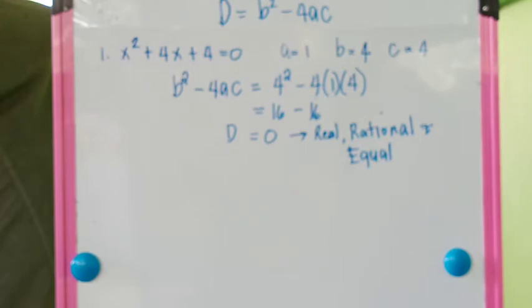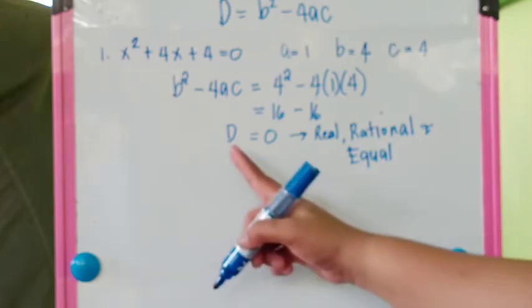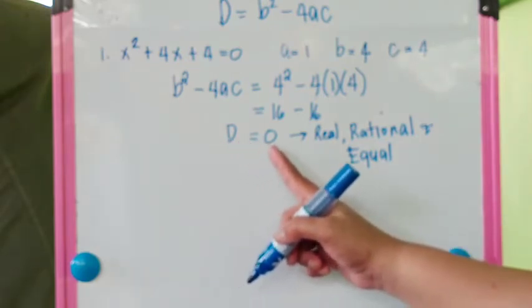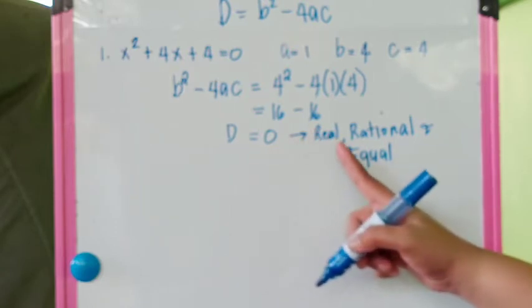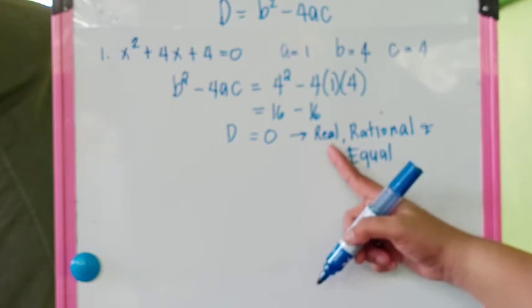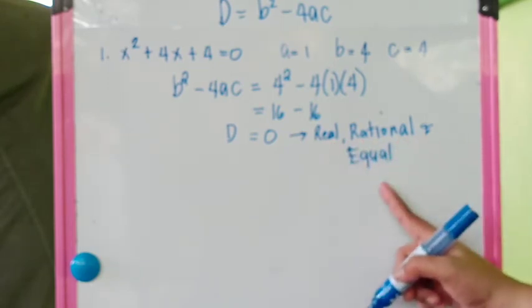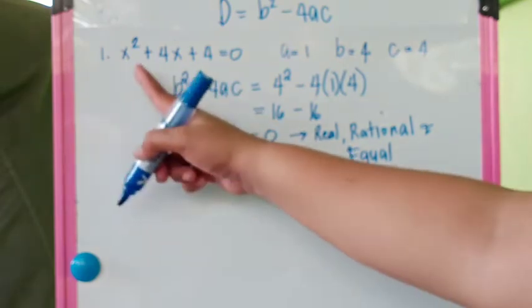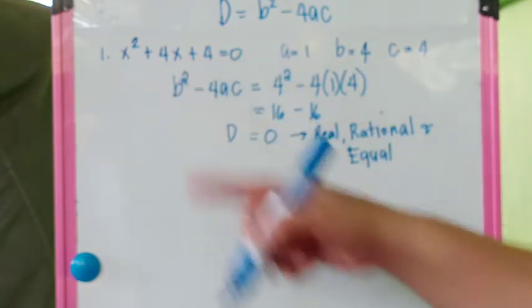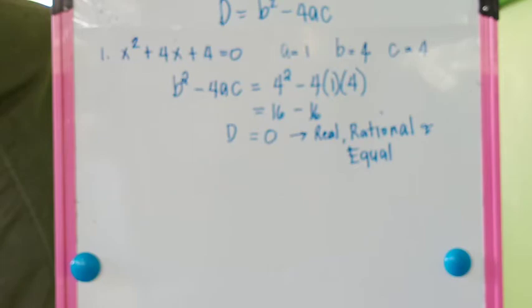So, paano nyo malalaman kung totoo na kapag ang discriminant is 0, ang nature ng roots ay real, rational, and equal? So, para ma-check, just solve this equation by any of the 4 methods in solving quadratic equations.